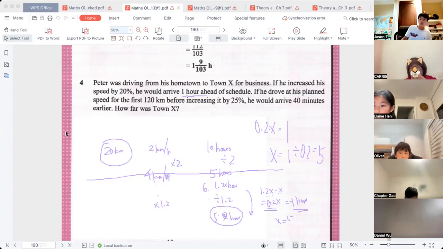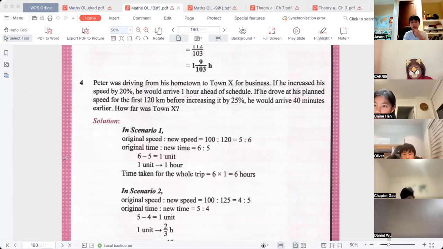OK, so now we're moving to the next part, the tenth part. If he drove at his planned speed for the first 120 kilometers, and before increasing by 25%. OK，哎呀，这边太多，算了，就这样吧。So the original speed to new speed is what?